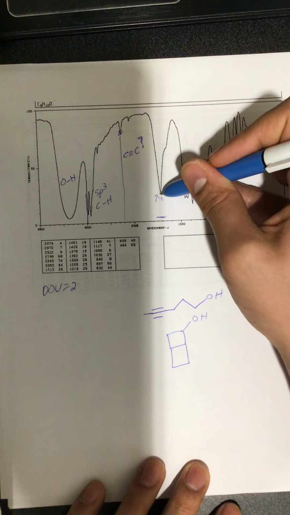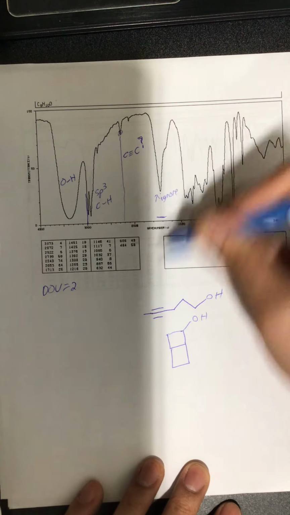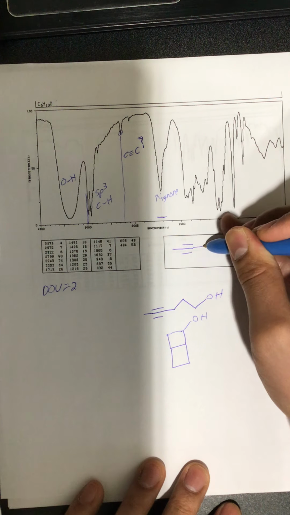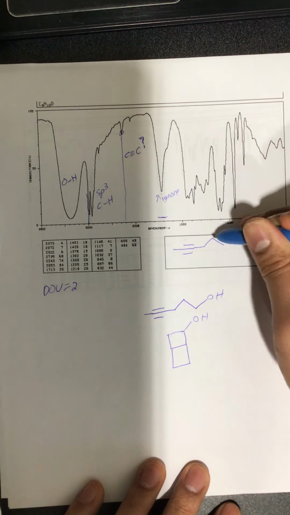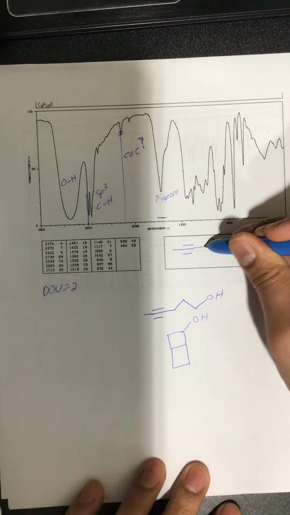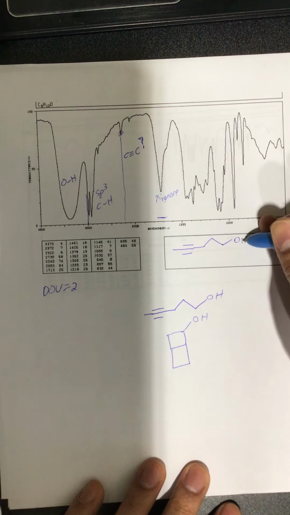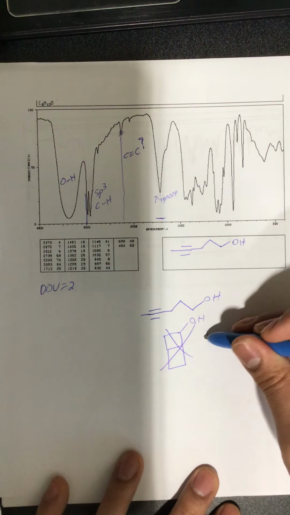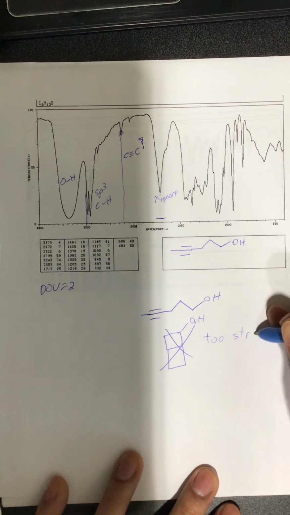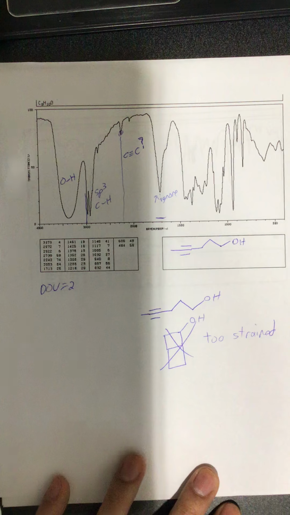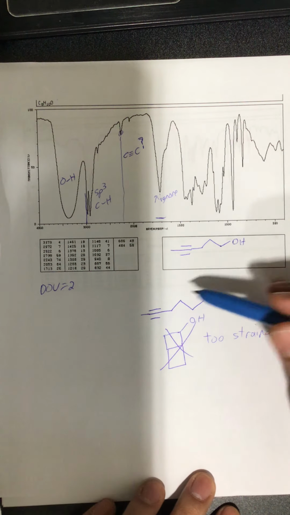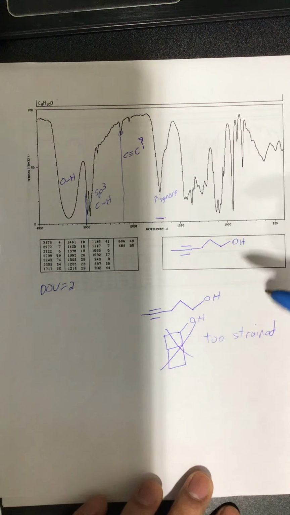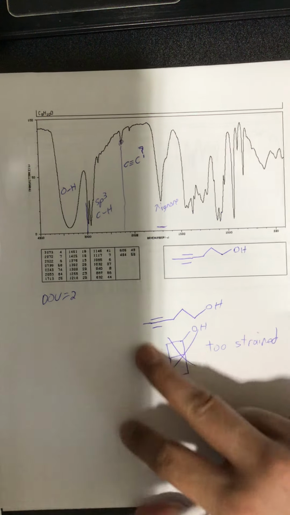I think this is the right answer. I think it's an alkyne. I'll just take the alcohol here. So not this one, too many rings, or too strained. Not a very likely compound. But if you want 2 rings with 6 atoms, you'd have to do something like that. So ignore this peak, and we'll do that.